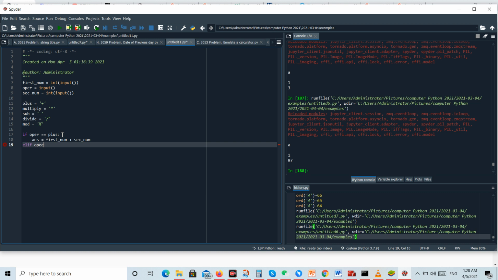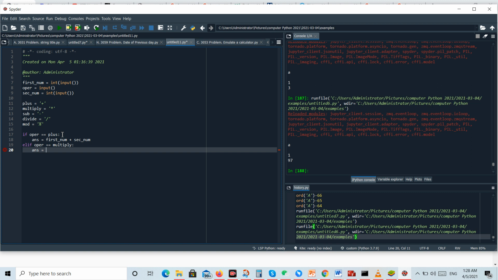So oper equal to multiply, right? So now say ans, which is answer, is a variable. In Python you can be working and be declaring your variables.